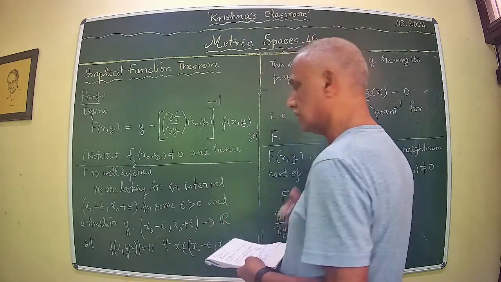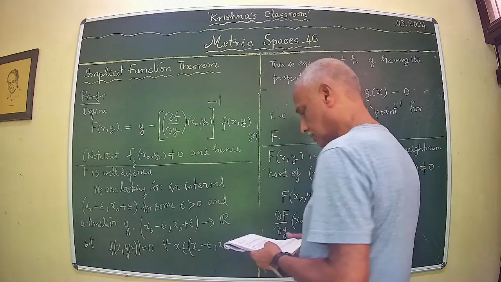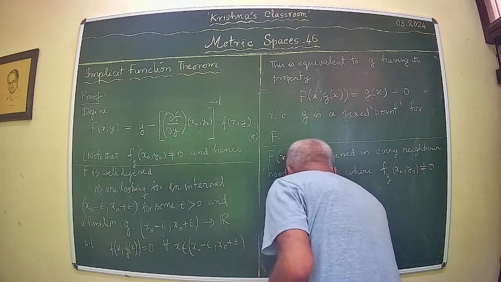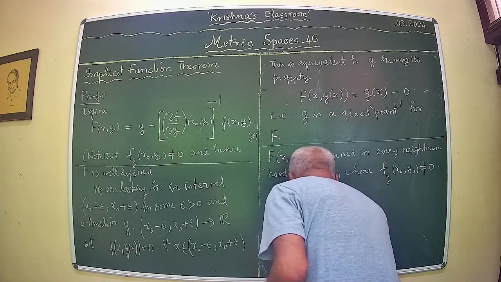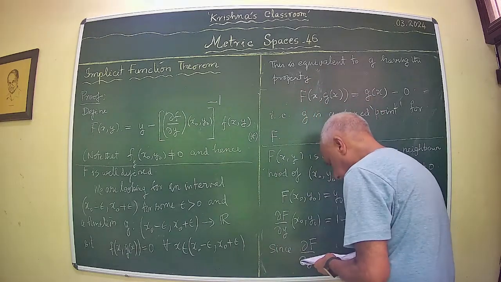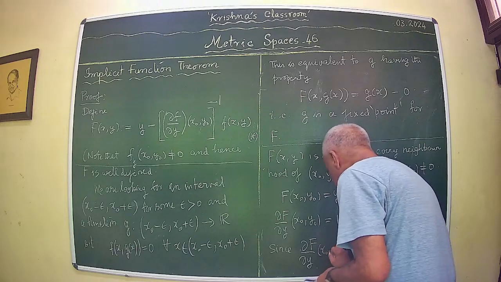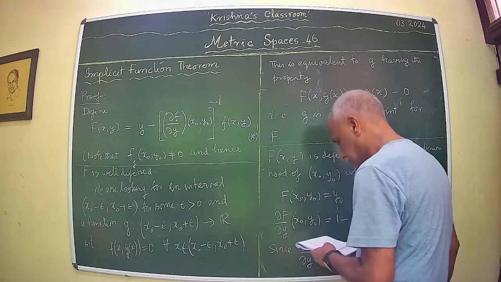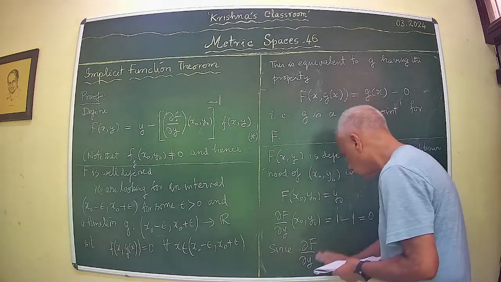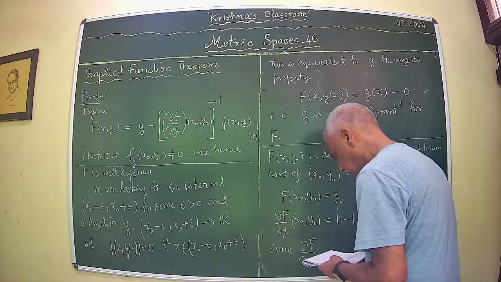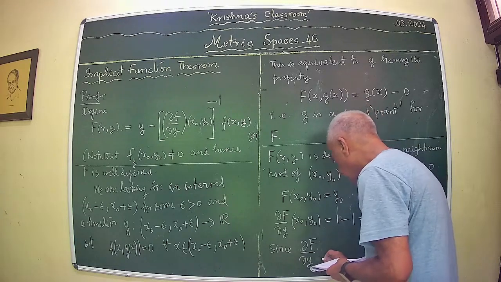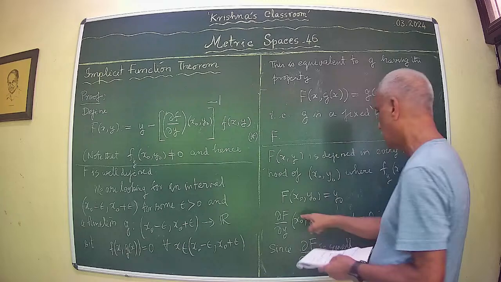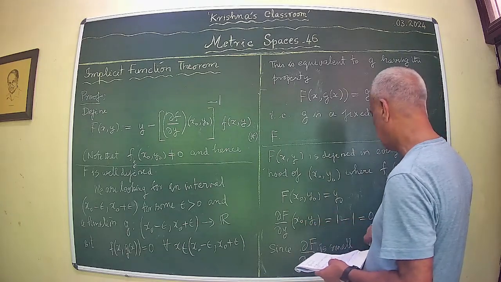Now we start making things rigorous. Since df by dy at x naught y naught is small, so this is equal to 0.